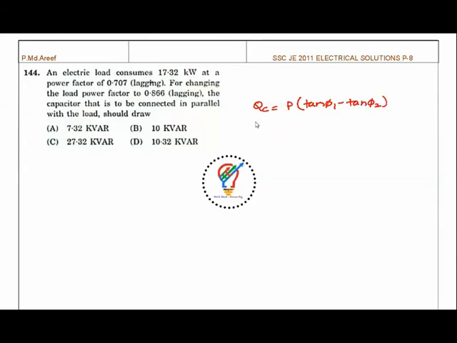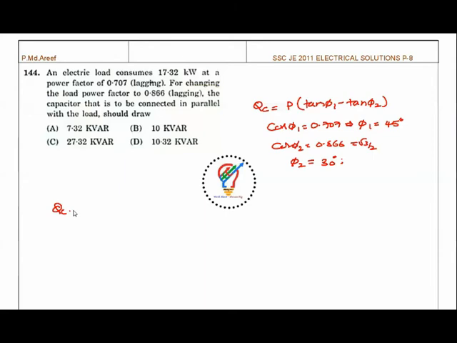In the first case, what is the power factor? 0.707. So cos phi 1 is 0.707, so phi 1 is 45 degrees, that is 1 by root 2. Similarly, cos phi 2 is 0.866, which is root 3 by 2, so phi 2 is 30 degrees.